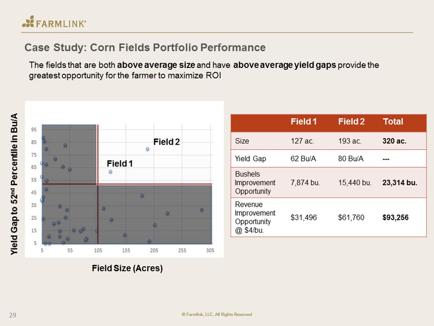These two fields offer the most opportunity in the hunt for yield. Even with $4 a bushel corn, the revenue improvement opportunity is significant. The two fields together represent 320 acres of the entire portfolio and offer as much as up to $93,000 of additional revenue.